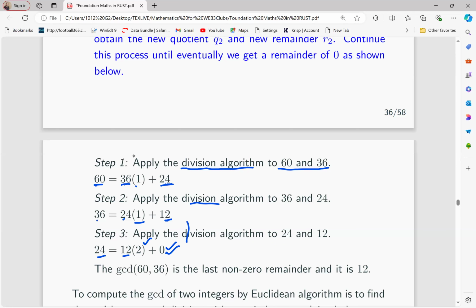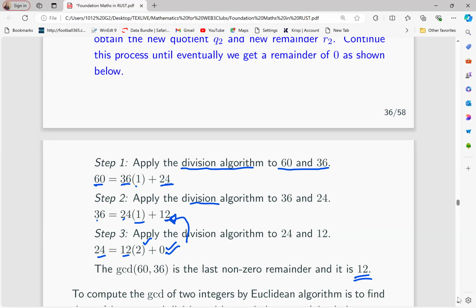So we've achieved the remainder of 0. That means the GCD is the remainder just above this remainder of 0. The remainder just above there is 12. That means the GCD of these two numbers, therefore, is 12. So if you write a code, that is how the code is supposed to work. The code is supposed to be finding remainders until the remainder is 0.